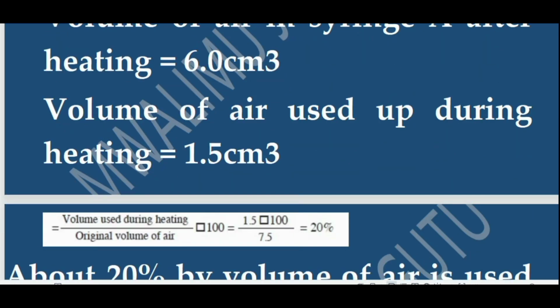To calculate the percentage of air used: the volume used during heating over the original volume of air, multiplied by 100%. In our case, 1.5 cubic centimeter divided by 7.5 cubic centimeter multiplied by 100% gives 20%.